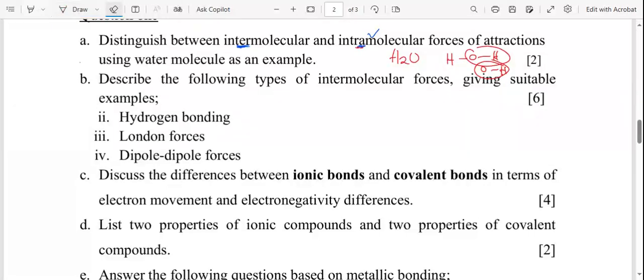You get me? So that is the intramolecular force. Intra has to talk about inside. I said intramolecular, these are just forces within a molecule, e.g. in water.